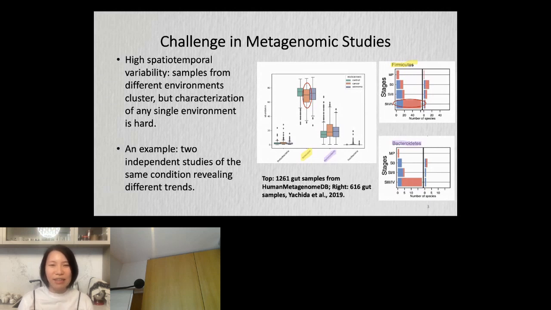For example, in the study on the left, we can see that the firmicutes decrease as the cancer deteriorates, whereas on the right we can see that the worst condition actually has the highest firmicutes. Whereas for bacteroidetes, we can see that they captured a similar kind of trend, that healthy samples have significantly less bacteroidetes, right?